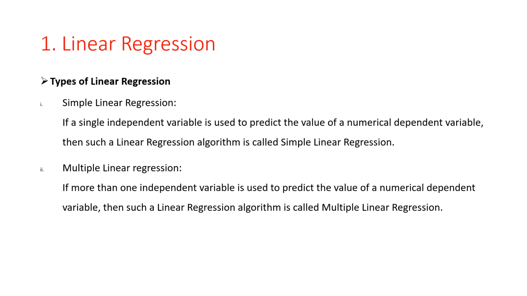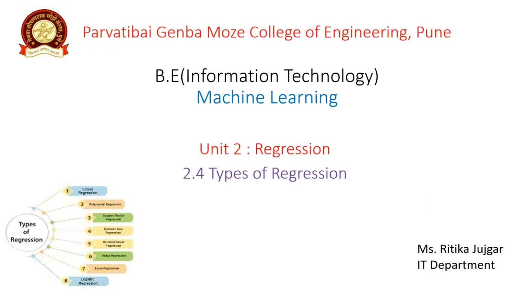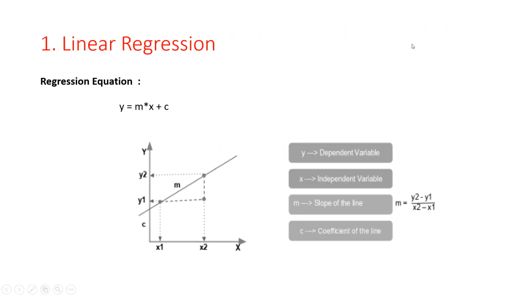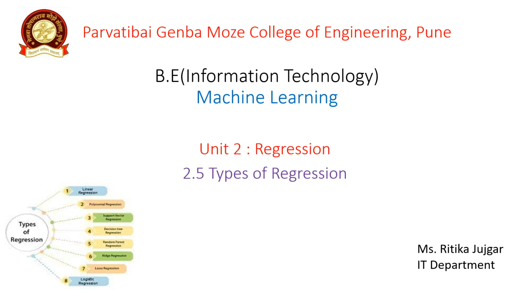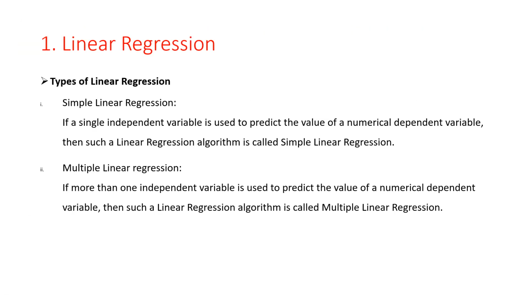Here we have two independent variables. If we have only one independent variable, this is simple linear regression. But here there are two independent variables, this is multiple linear regression. So these are the two types of linear regression.